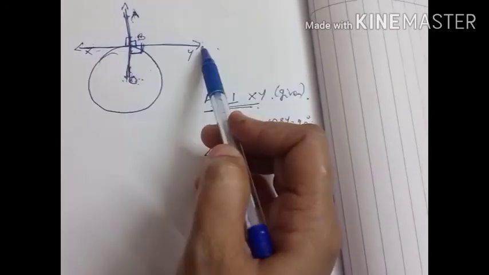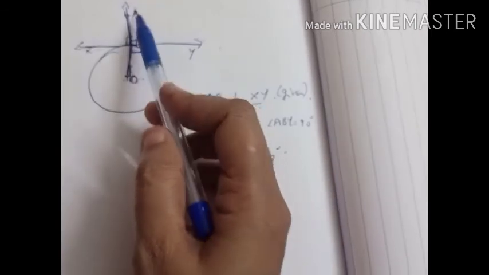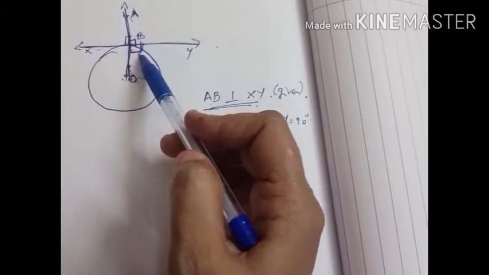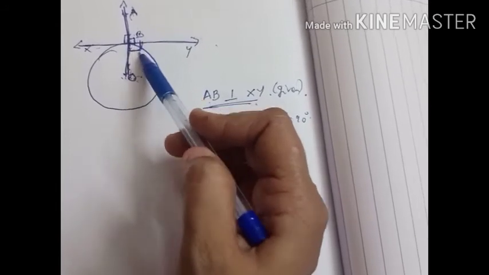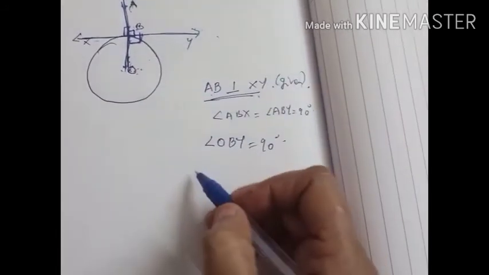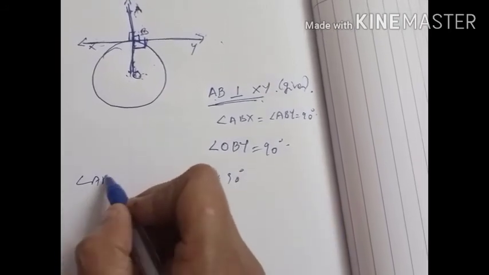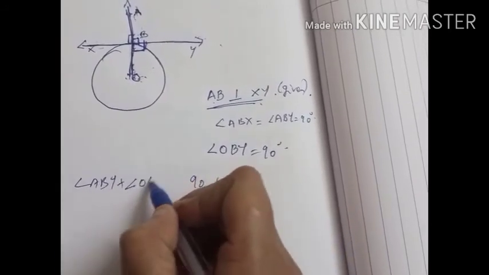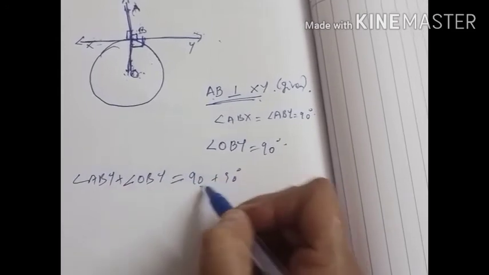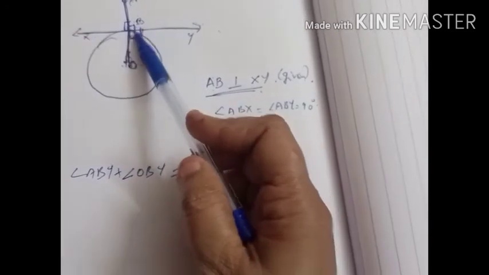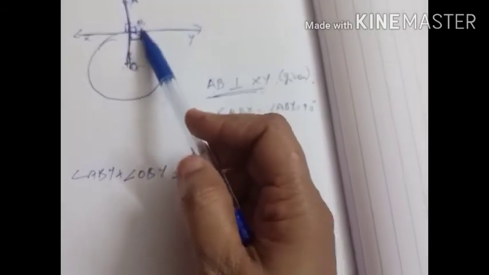This ABY is 90 degrees because it is given that AB is perpendicular to XY. So when we consider these two angles, the sum will be 90 plus 90. Angle ABY plus angle OBY equals 180. That means they are supplementary, so it is a linear pair.